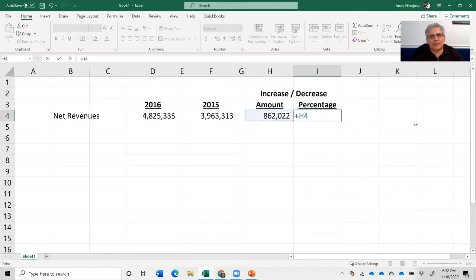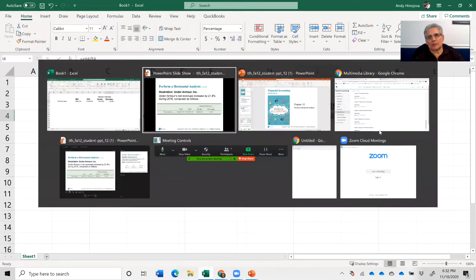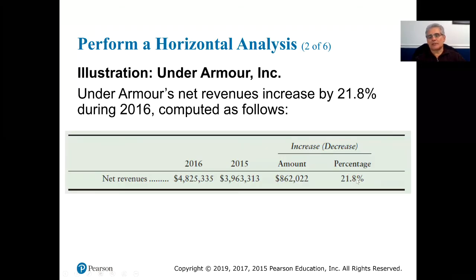So we're going to take 862,022,000 and divide that by 3,963,313,000. That gives us 0.22 or 22%, 21.8%, rounded to the nearest tenth of a percent.